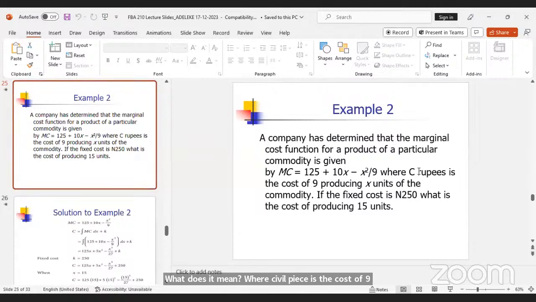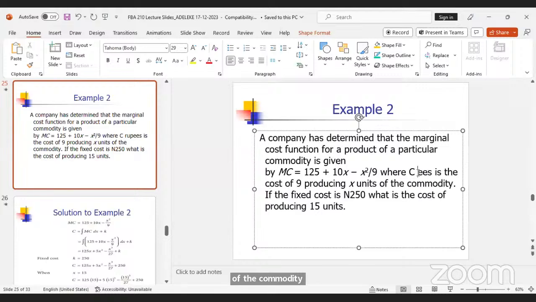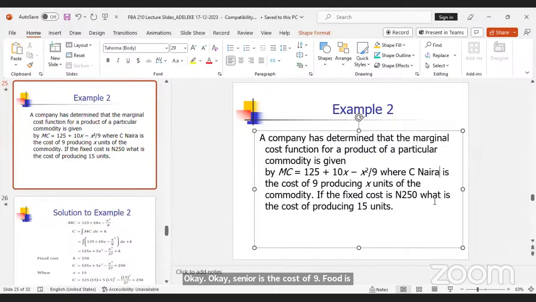Yes. Change the unit. You know, the unit there is naira. Just C naira. Okay. C naira is the cost of producing x units of the commodity. So what does that statement mean, sir? The cost of producing. So where C naira is the cost of producing x units.